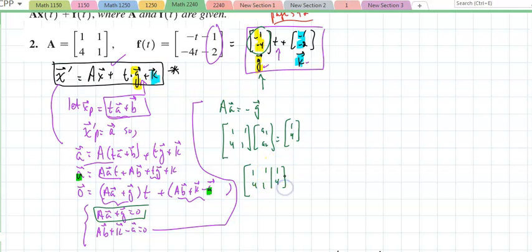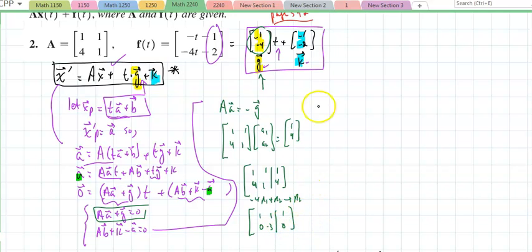114114, right? So if I multiply negative 4 row 1 plus row 2 in row 2, what would happen? I'll get 111. Negative 4 plus 4 is 0. Negative 4 plus 1 is negative 3. And negative 4 plus 4 is 0.